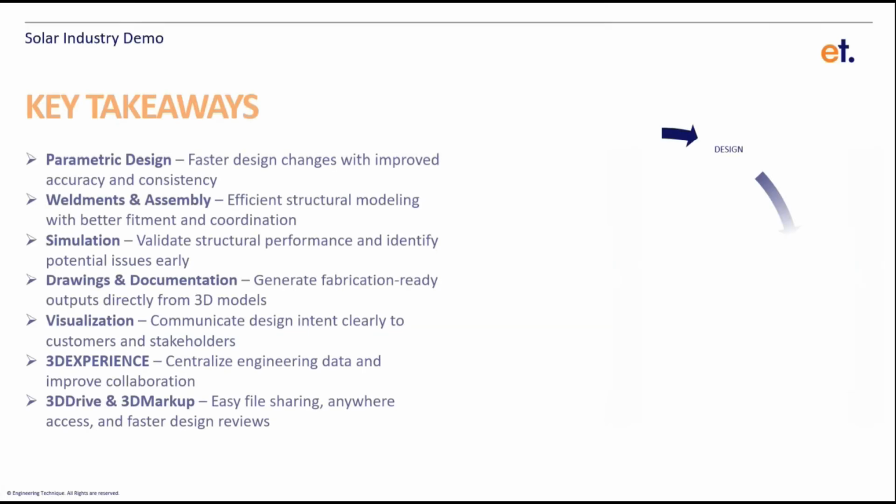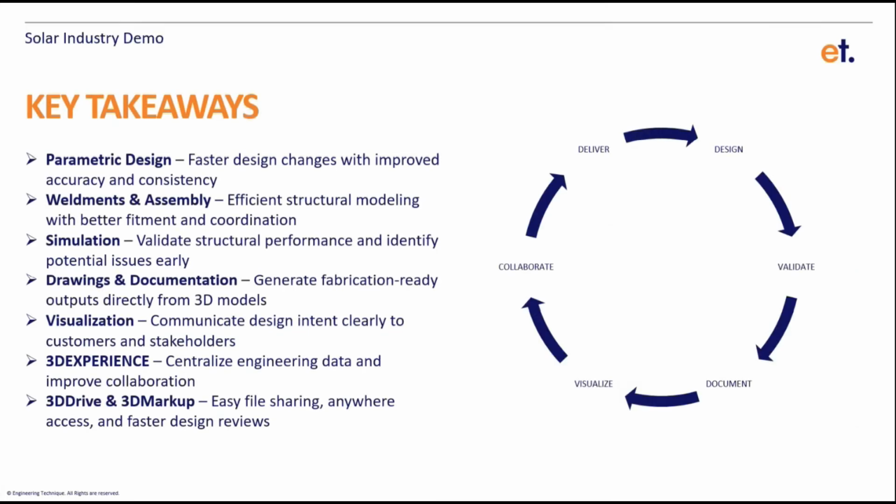So with this, we have concluded all of the challenges and the solutions that SolidWorks and 3D Experience offer. Let's get a quick summary and key takeaways of what we saw today.